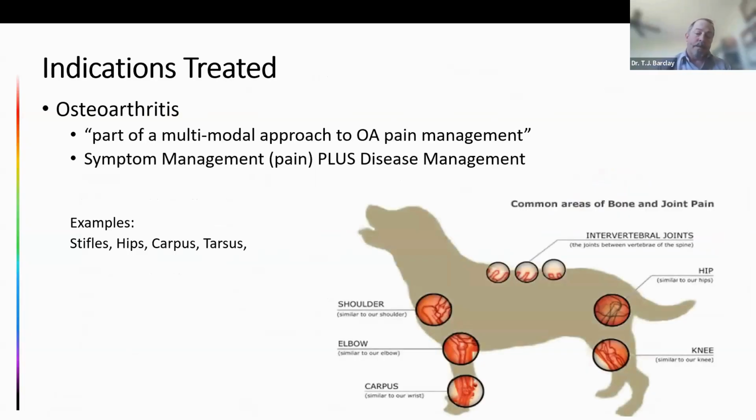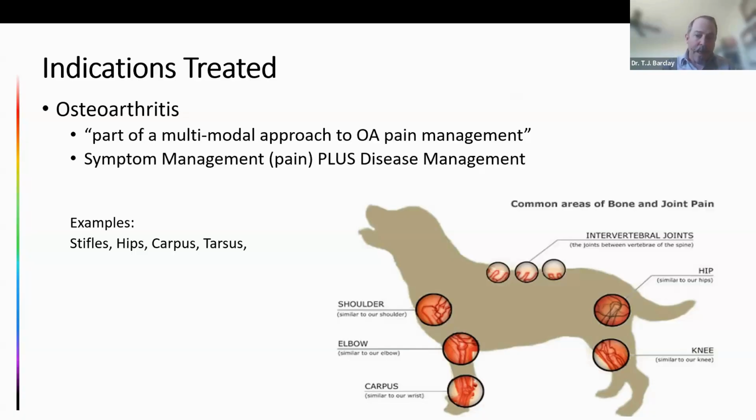When we talk about treating osteoarthritis, Shockwave is a great part of a multimodal approach to OA management in our veterinary patients. Now, there's no reason why it can't be used as a standalone therapy, but as we all know, using a multimodal approach tends to have a better effect for those patients.